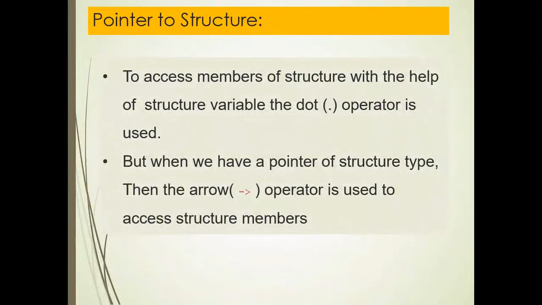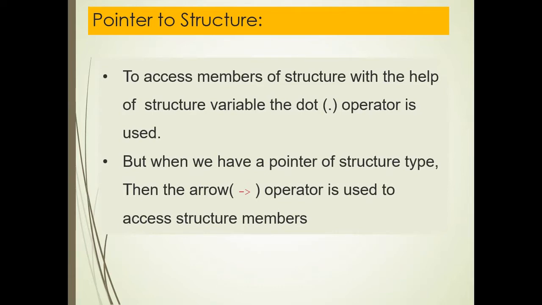Now I will discuss pointer to structure, pointers and structures. Similar to other types of pointers, we can have a pointer to a structure. That is, we can also point a pointer to a structure. A pointer to a structure variable can be declared by prefixing the variable name with an asterisk symbol.